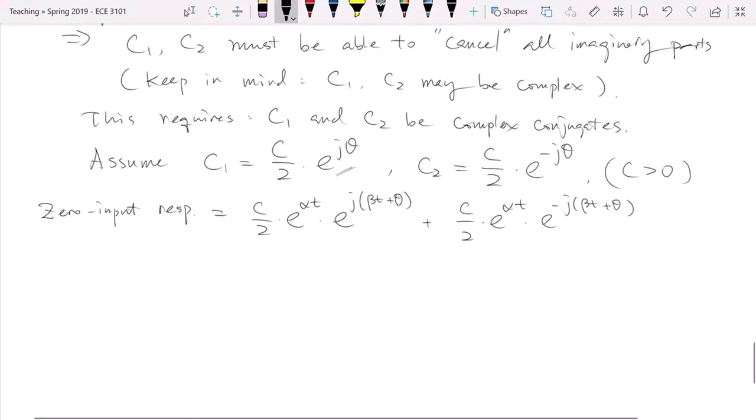Then what do we have? We have C being a constant, a common factor between the two terms, and e to the alpha t being a common factor between the two terms, and then I can put e to the j beta t plus theta plus e to the negative j beta t plus theta, over 2.